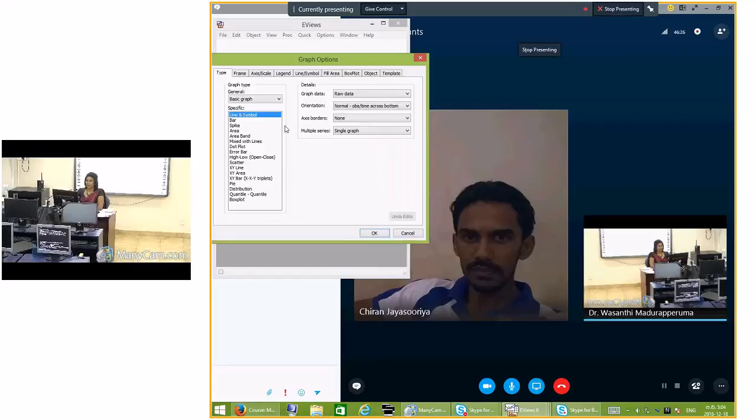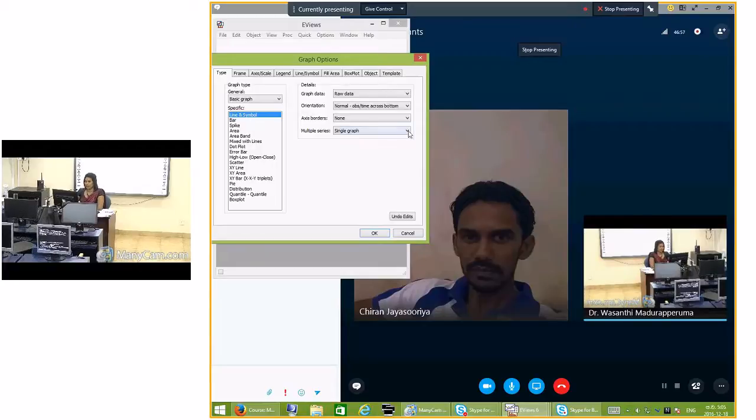Right, so then in the graph type, in general, there are categorical graphs and basic graphs. This is not categorical data, it's a basic graph. Specific graph types are listed here. So select line graph because it is time series data.